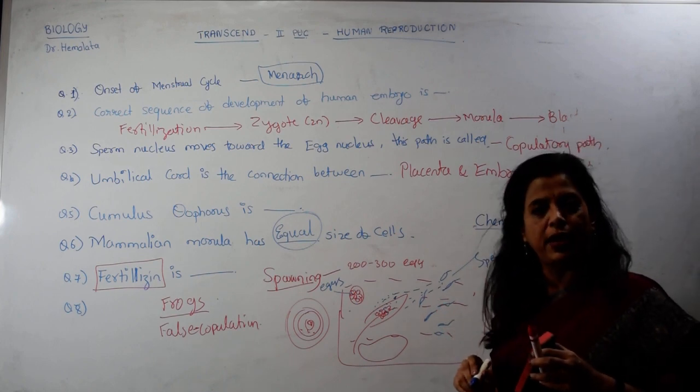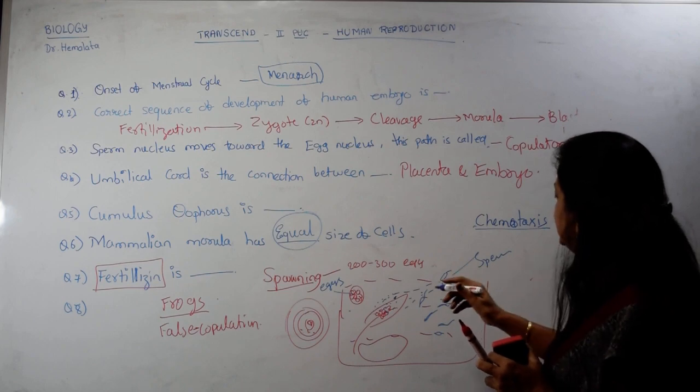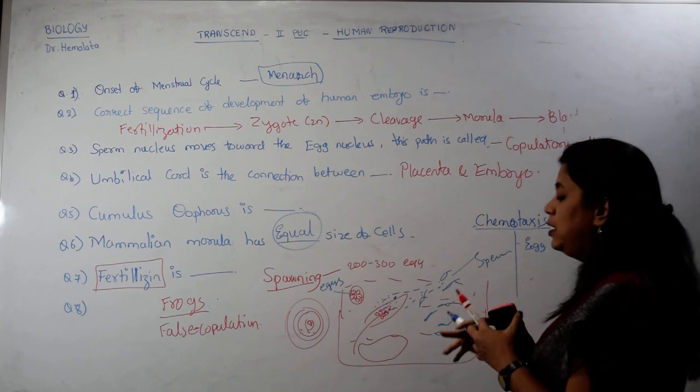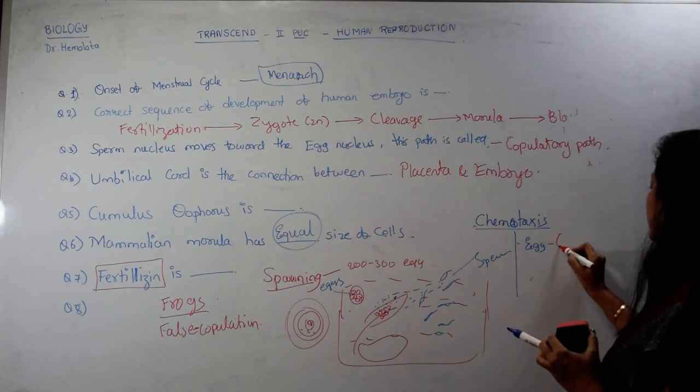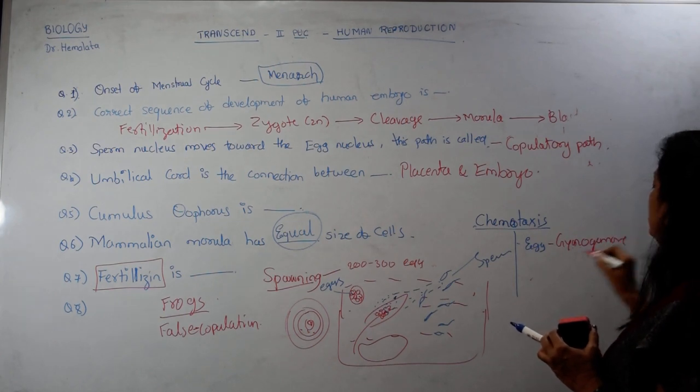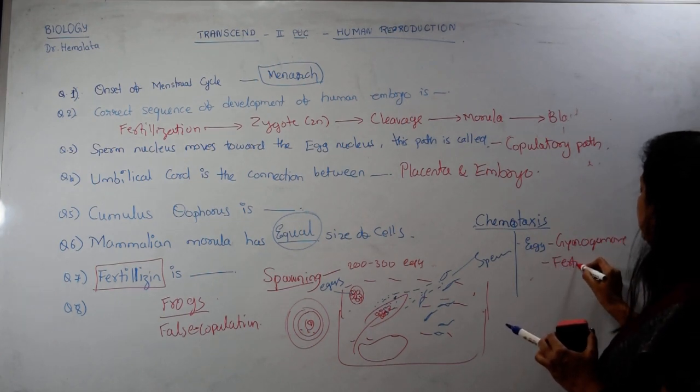Chemotaxis is chemical attraction. Whatever the eggs are releasing is called gynogamone. Its name is fertilizing.